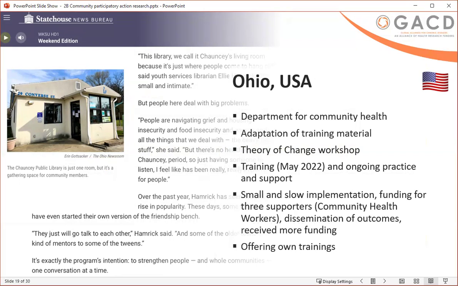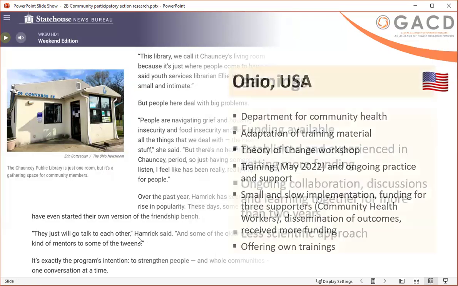Just the other day, my counterparts in Ohio said that they felt these 2.5 years of ongoing support have helped them pull through a lot of obstacles. It's a super small implementation, but it's grown steadily and has gained a lot of interest. They're now offering their own trainings, and they're being asked by other states around them for advice and support, maybe for helping them set up similar projects.